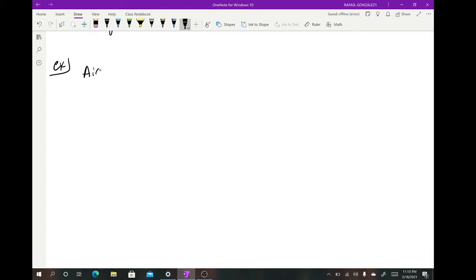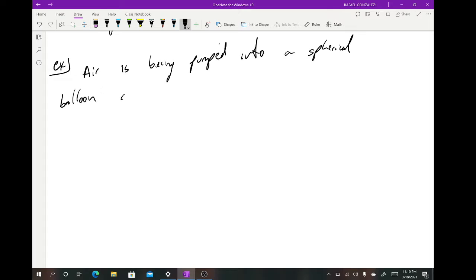So let's say air is being pumped into a spherical balloon at a rate of 4.5 cubic feet per minute. The question is to find the rate of change of the radius when the radius is 2 feet.